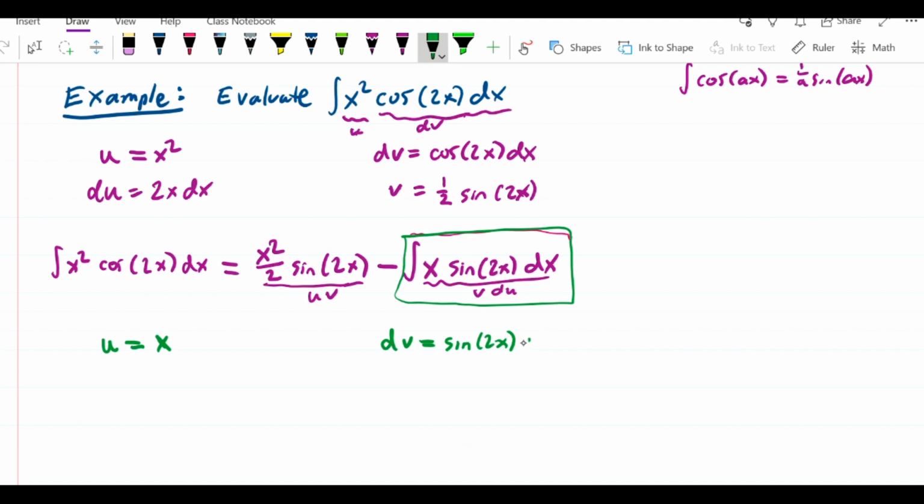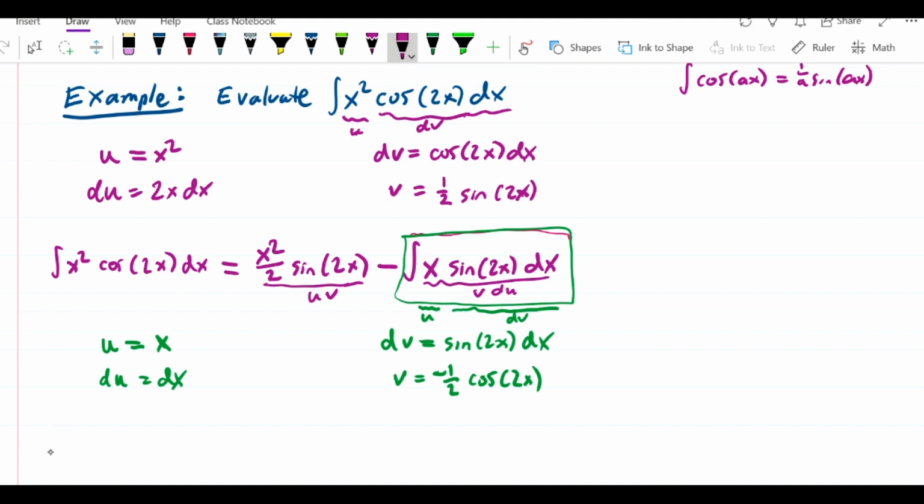Just to be clear, using now the green notation, that's going to be u, and that's going to be dv. So du will be dx, and v, the antiderivative of sine 2x, is negative 1 over 2 cosine of 2x. Okay, so now let's try to keep the color coding straight.